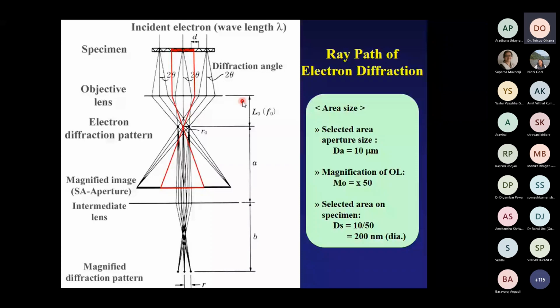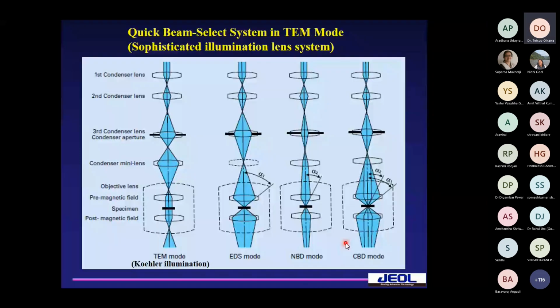The area is selected, and we can make an electron diffraction pattern from only this small area. But sometimes we are now going to nanoparticle and catalysis analysis, and a 200 nanometer limitation is too big an area. So recently we can make nanobeam diffraction on an analytical microscope like this.